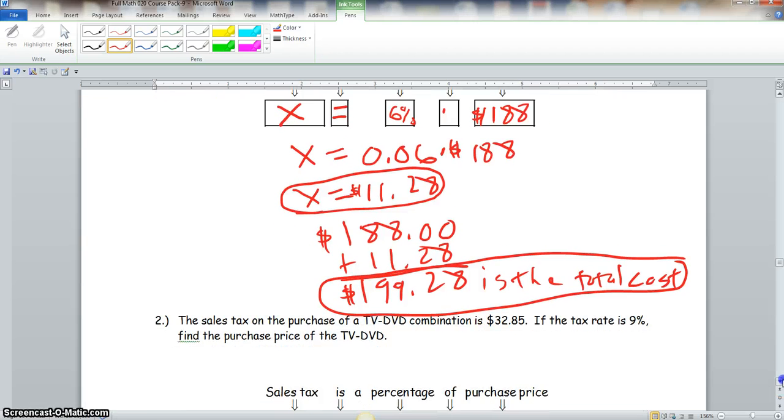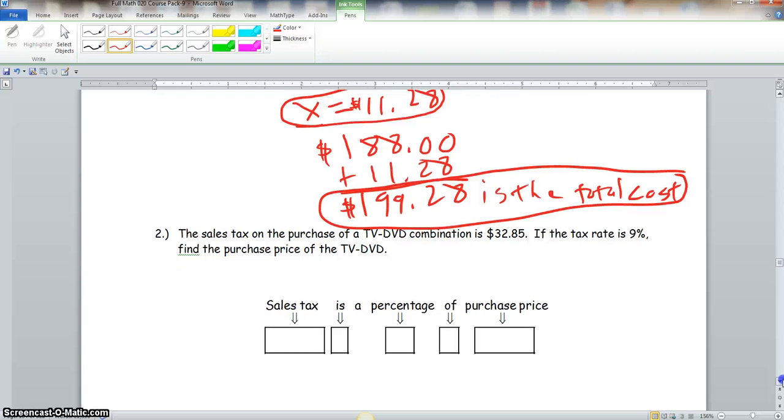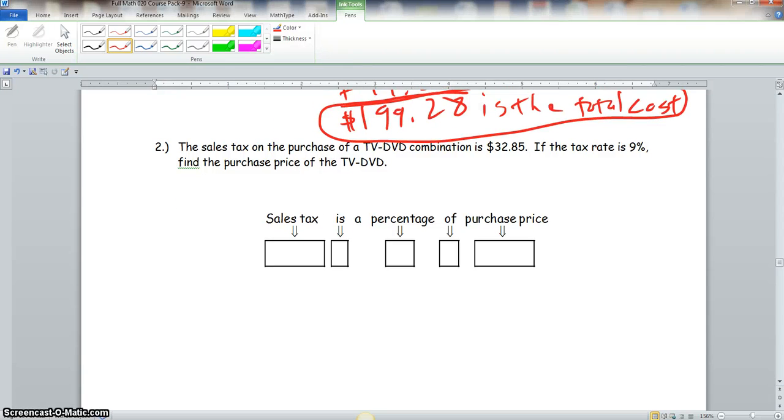Now, number 2, it says the sales tax on a purchase of a TV, DVD combination is $32.85. If the tax rate is 9%, find the purchase price of the TV, DVD. So the sales tax is $32.85. And is means equal a percent, which is 9%, of the purchase price.